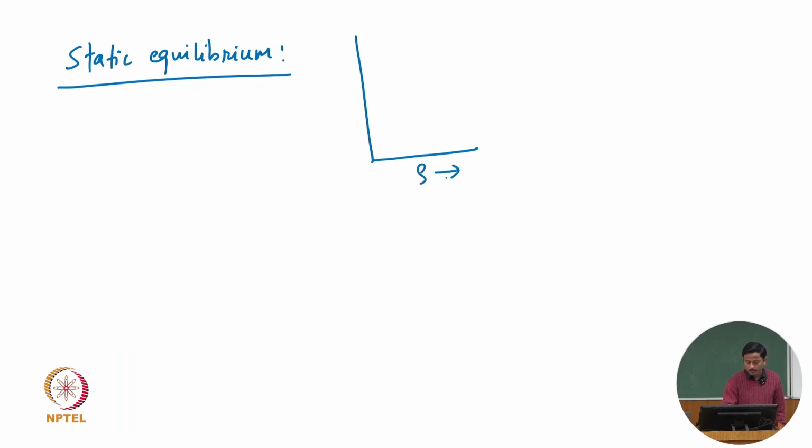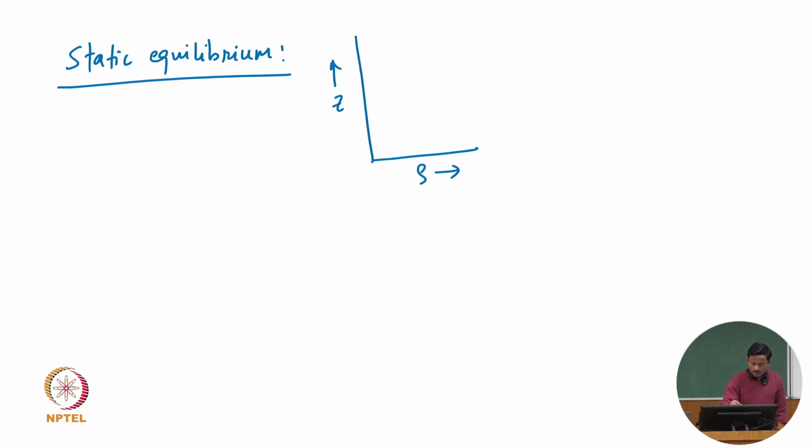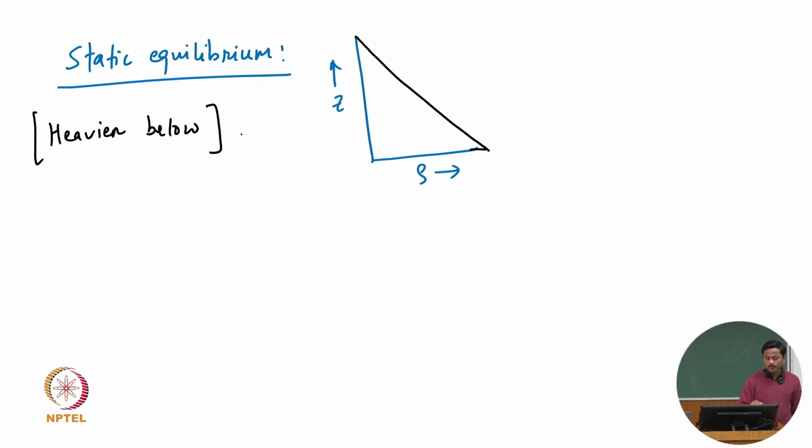So this is density, and this is the coordinate z going upwards, and this density has a profile which looks something like this. So the system is heavier below and lighter on the top.